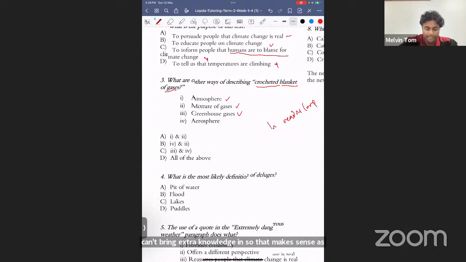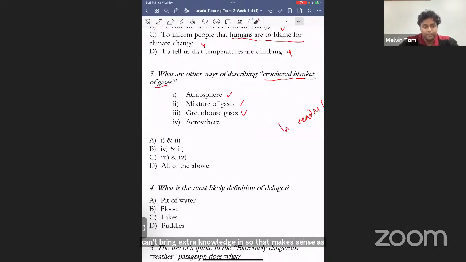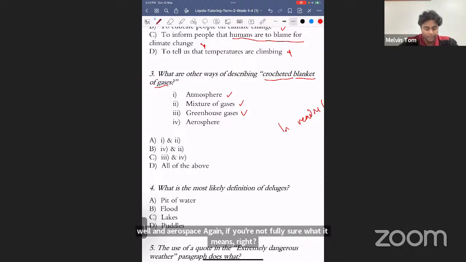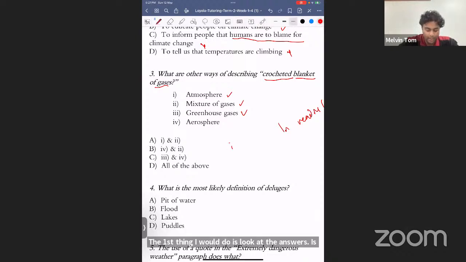And aerosphere, if you're not fully sure what it means, the first thing I would do is look at the answers. Is there an option which says both? No. It says choose one. Then I'll break down what the word aero and sphere mean. Atmosphere, we know it's part of the Earth, sphere referring there.